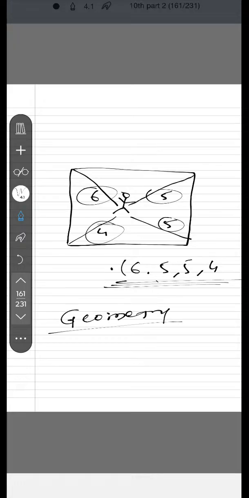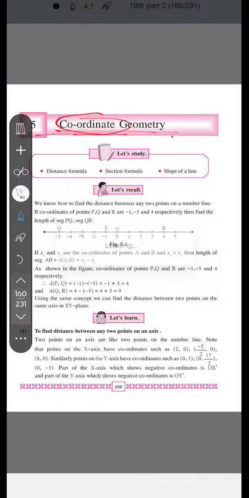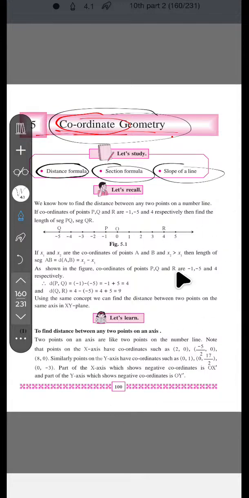It means we are going to check different shapes and different lines, and if we talk about the coordinates in them, with the help of that we understand the distance, section and slope of anything. That thing is nothing but coordinate geometry. That's it.